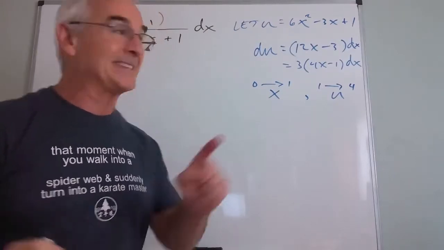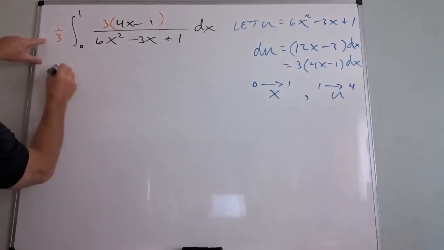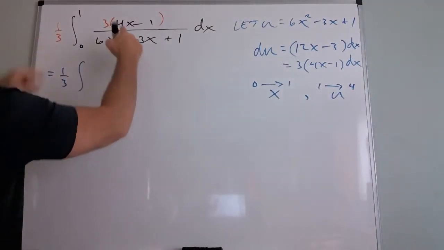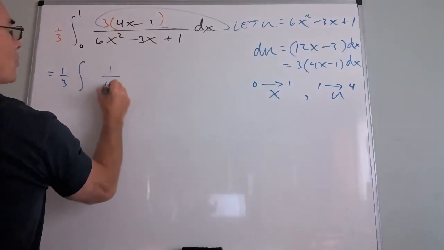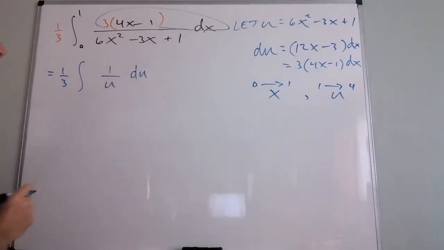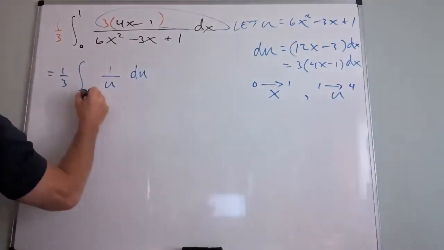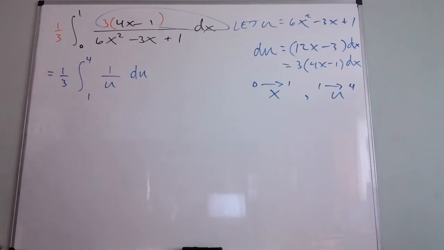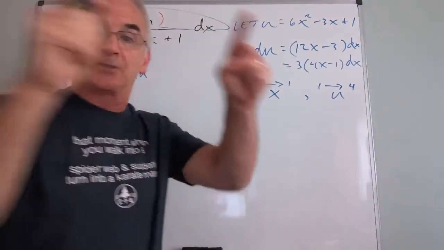But because I did this, when I now write my new integral, because there's my du, this is of the form 1 over u du, and my limits of integration are 1 to 4. And I mentioned this when we were first doing the substitutions. When you do a substitution, it's all at once.